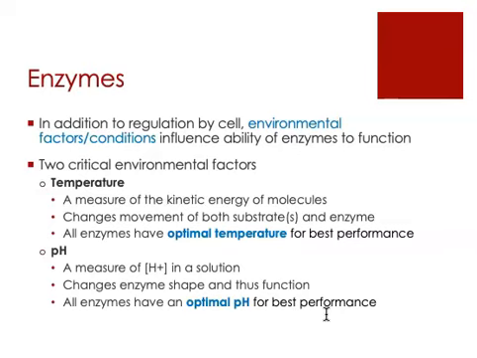They work best at that optimal temperature, and if the temperature goes a little bit down or a little bit up, they'll still function, but they'll function less optimally. They have an optimal pH for performance, so if pH goes down a little bit, more acidic, or up a little bit, more basic, they'll still function, but they'll function less optimally.